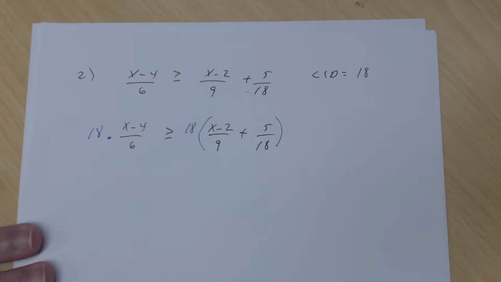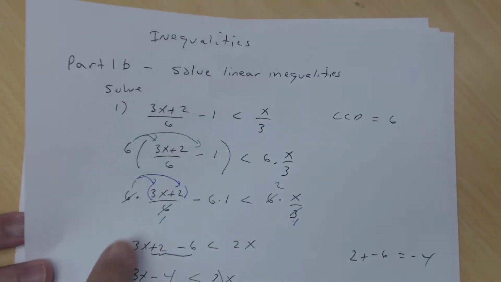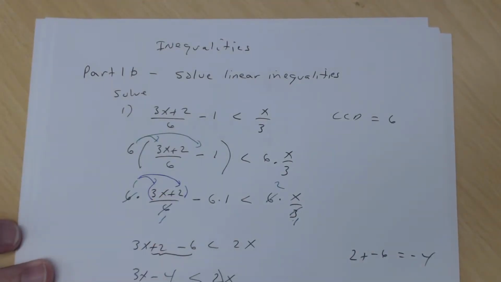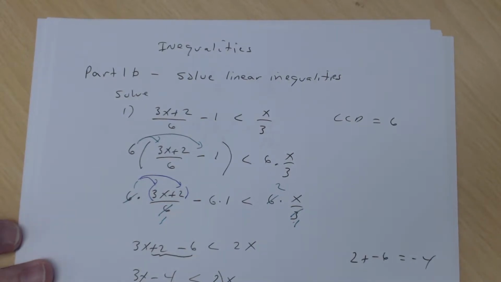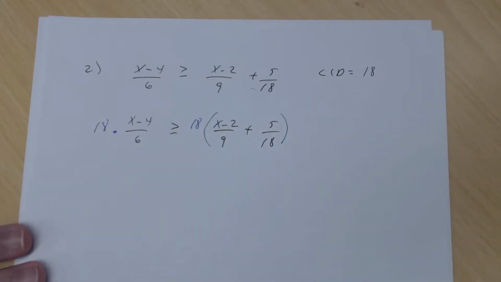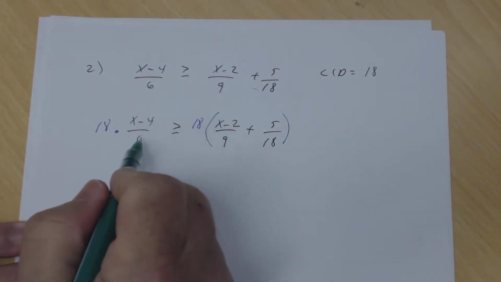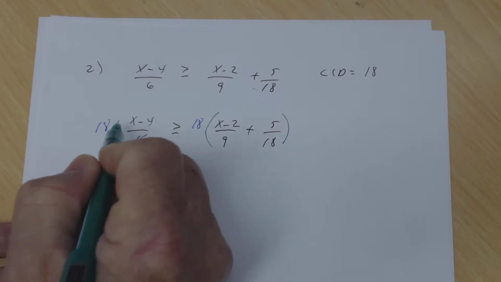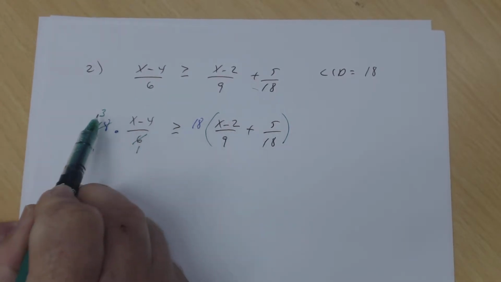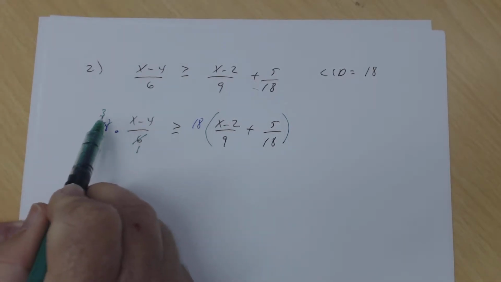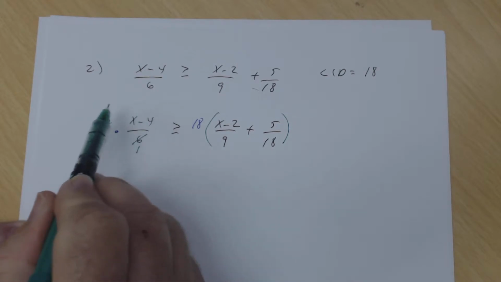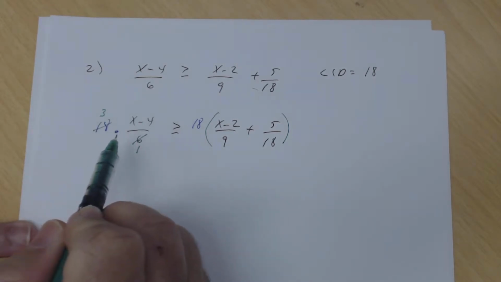All right, now remember what we talked about here. Remember this right here, where we put parentheses in the numerator? Here's the situation again. So here, when I reduce, 6 into 6 is 1, 6 into 18 is 3. If you're not careful, you're going to say 3x minus 4, and this is not 3x minus 4.